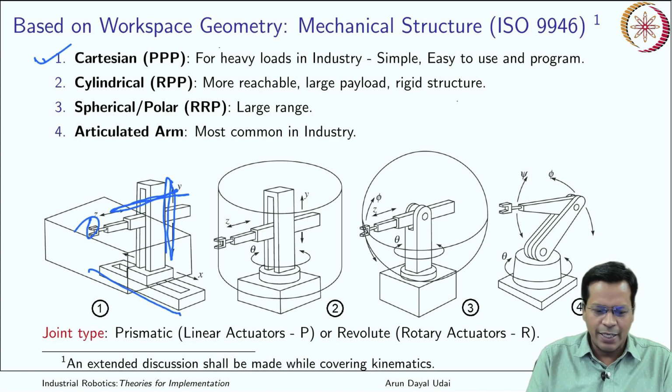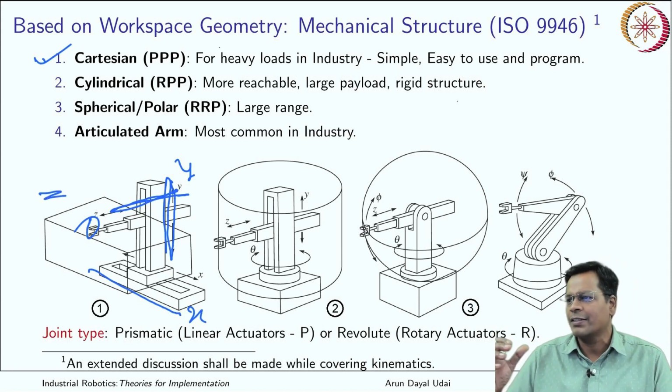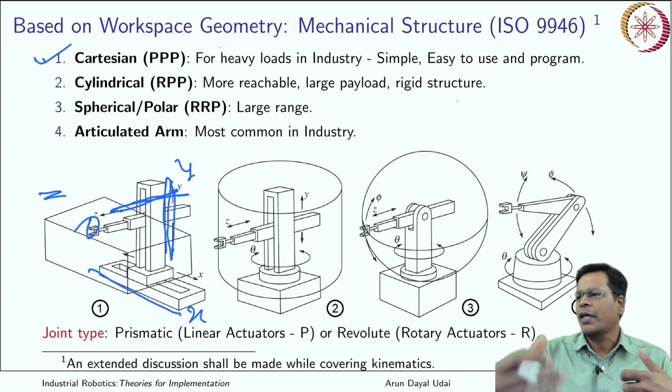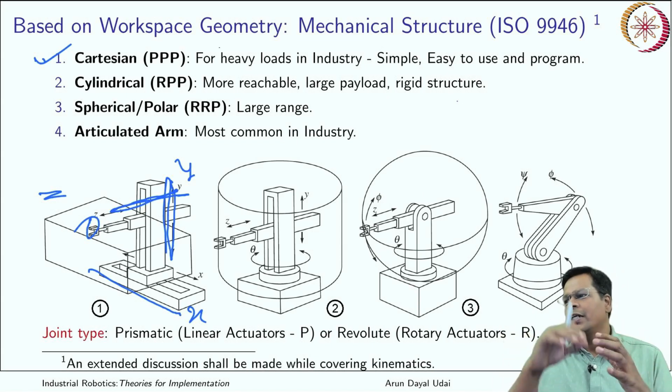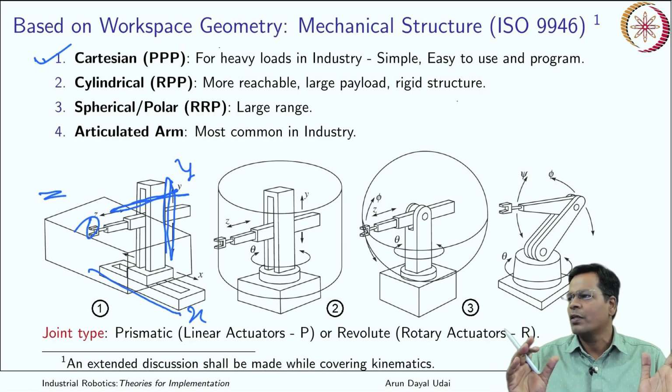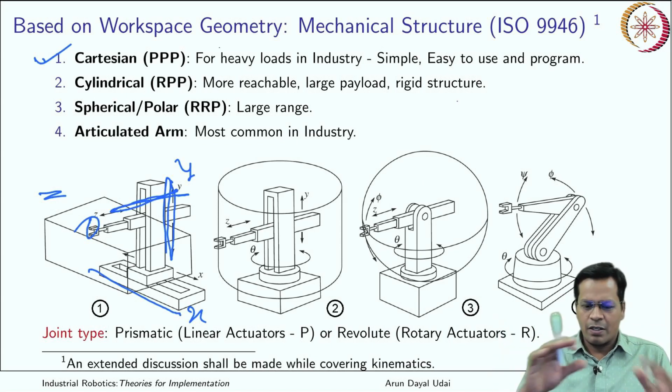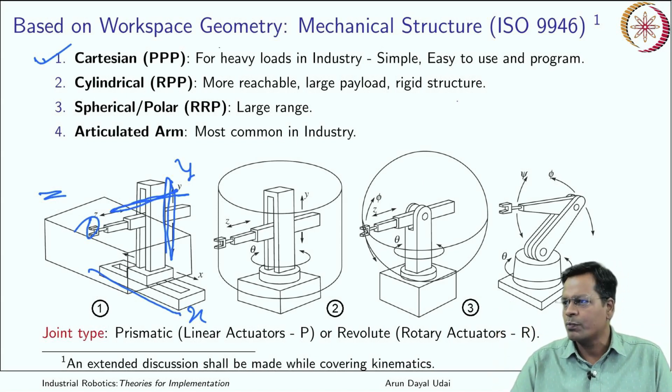Okay, so essentially it has an x-axis, a y-axis, and it can also move along the z-axis. So effectively it can go anywhere in space which is covered by a rectangular volume.